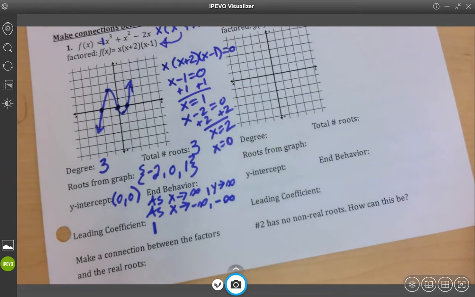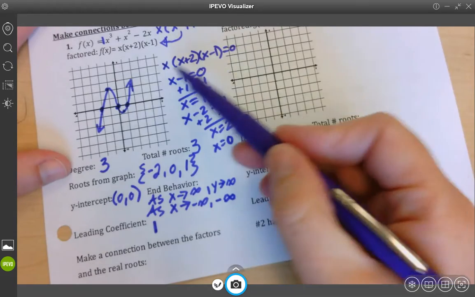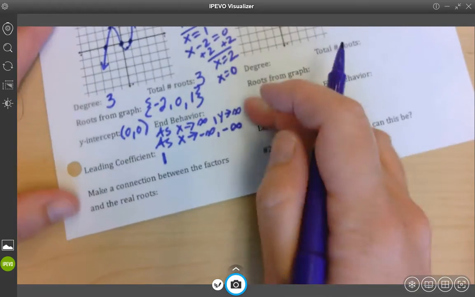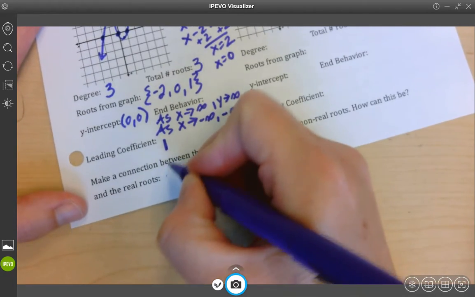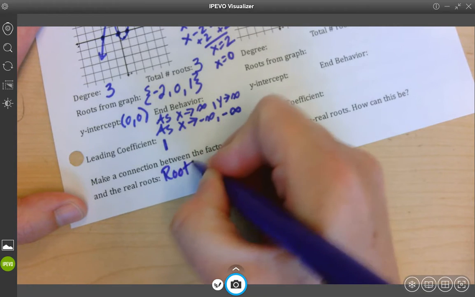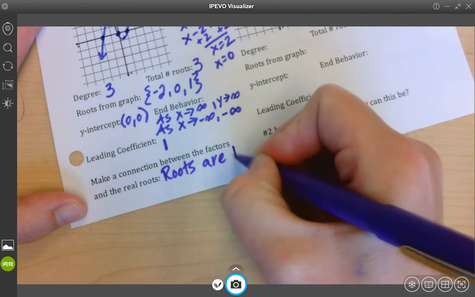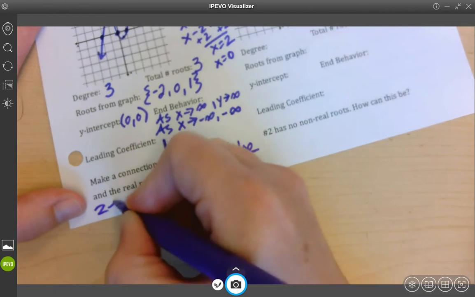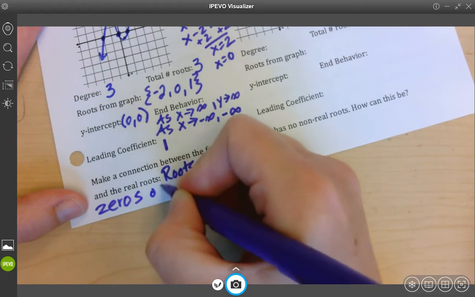Yes, the zeros were opposite of the roots, and yes, we use inverse operations to solve these equations. So the roots are the zeros of the factors. Now, if you already wrote something, that's good too.